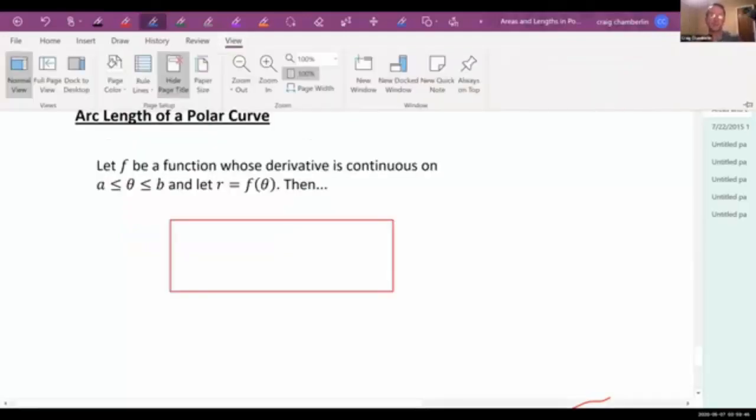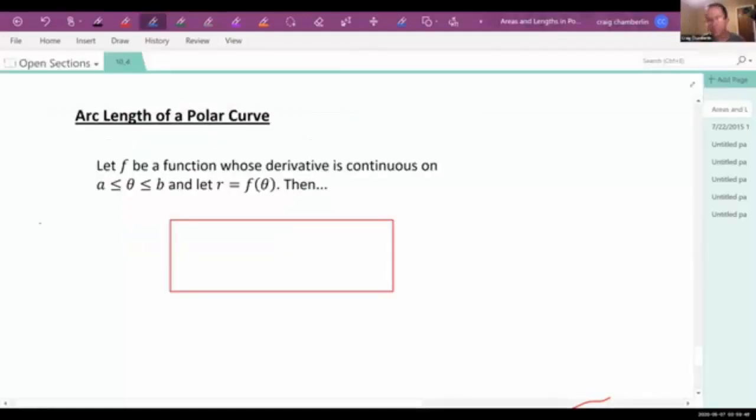If you want to find the arc length of a polar curve, you can do it. You could use the same formula since for any polar curve, we can parameterize it. x equals r cos θ, y equals r sin θ, and then you fill in whatever r you're given in terms of θ, and you've got yourself parametric equations.